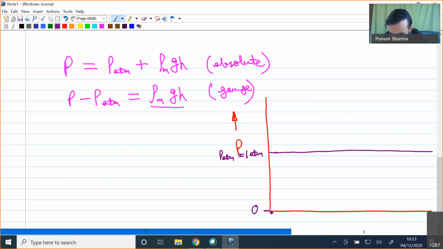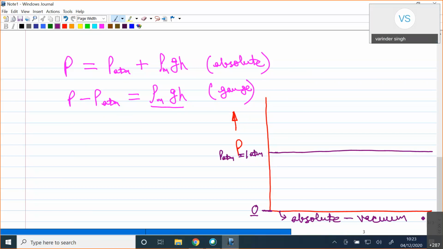So this bottom line, with pressure equal to zero, refers to the physical state of absolute vacuum. We do not have any material medium present inside the container where we want to measure the pressure.